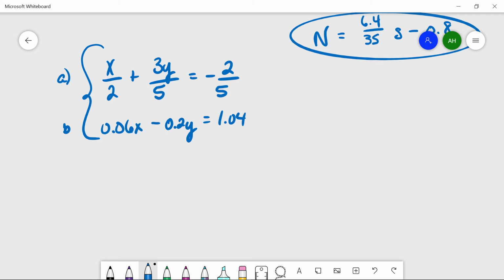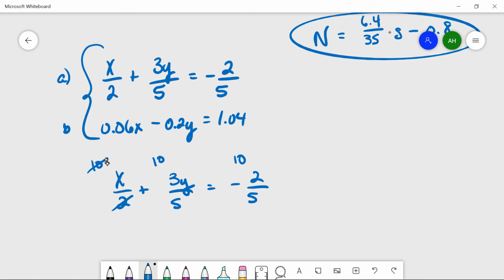All right, so let's look here as we've got this first one. x over 2 plus 3y over 5 equals negative 2 over 5. All right, my common denominator would be 10, so let's multiply everything by 10 so that we can eliminate the fractions altogether.